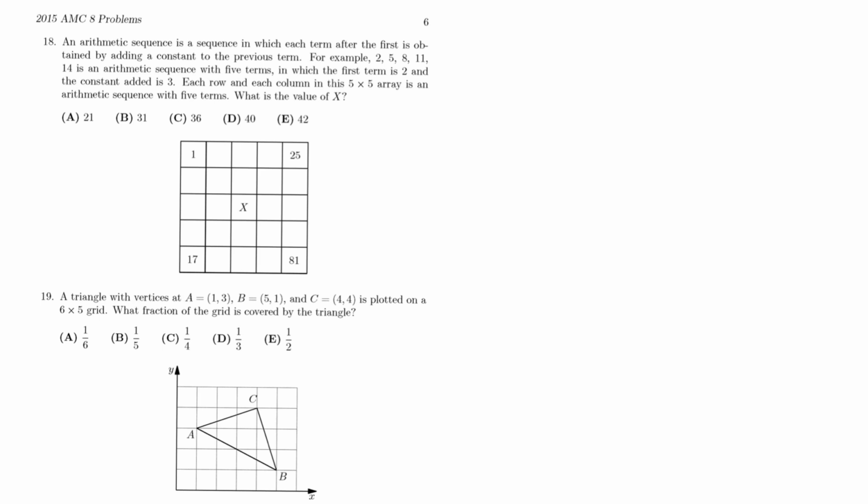Each row and each column in the 5 by 5 array is an arithmetic sequence with 5 terms. What is the value of x?